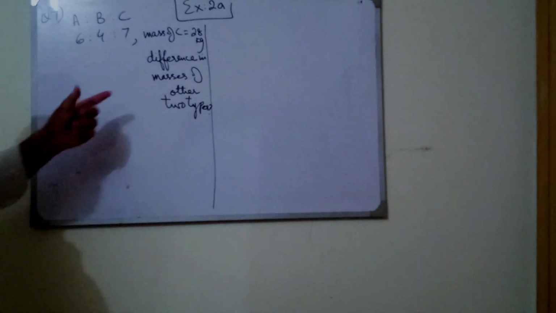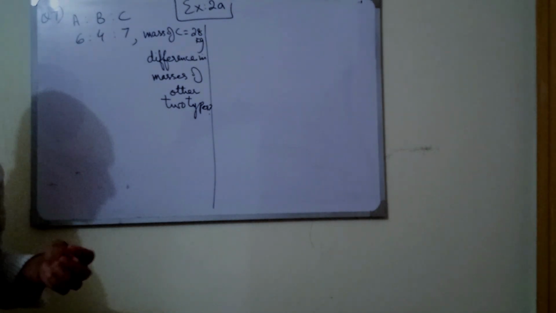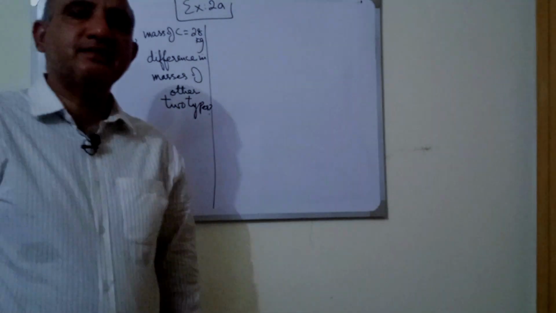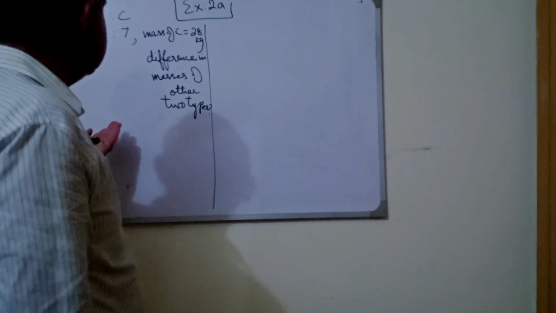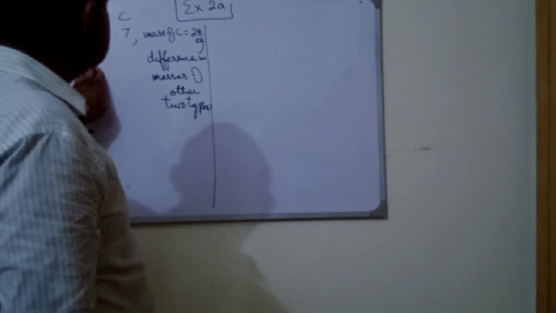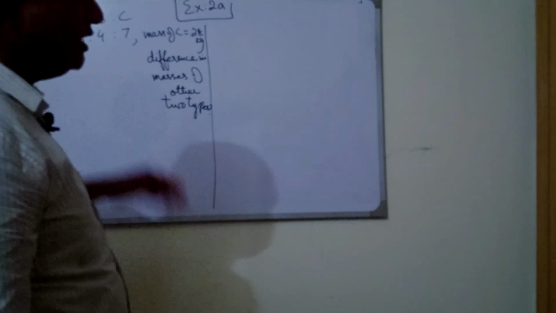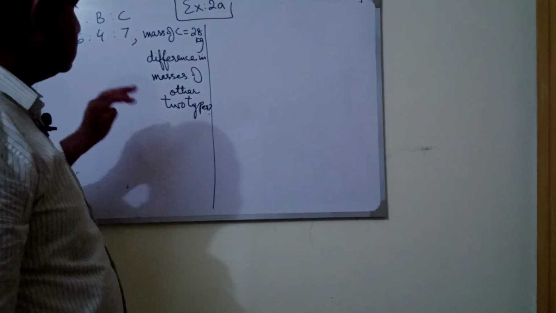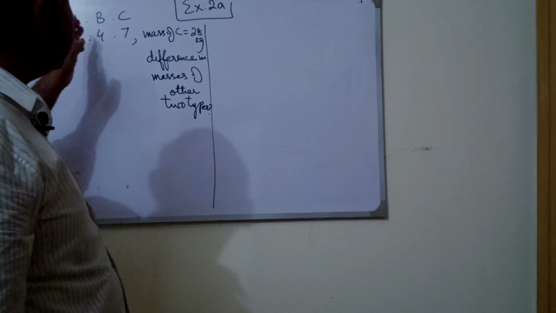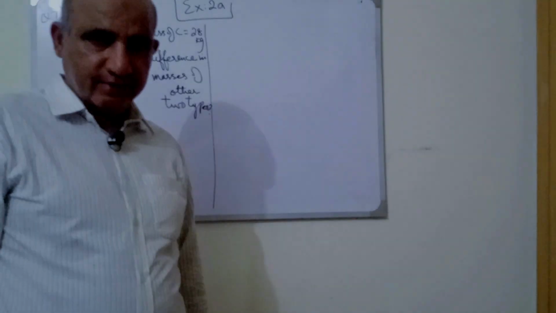But before finding this difference, first of all, we have to find what the total mass of the tea is. So when we have the total mass of the tea, then we can find the mass of A and B as well, and then we can find the difference.